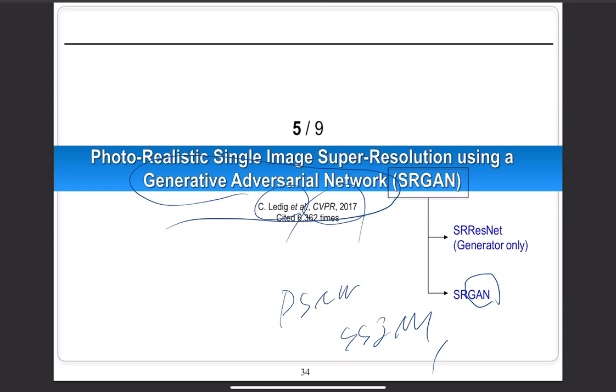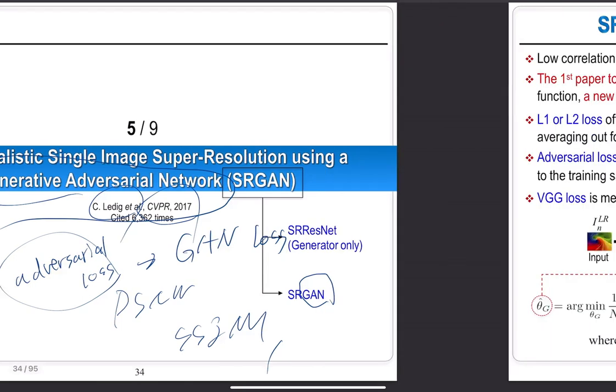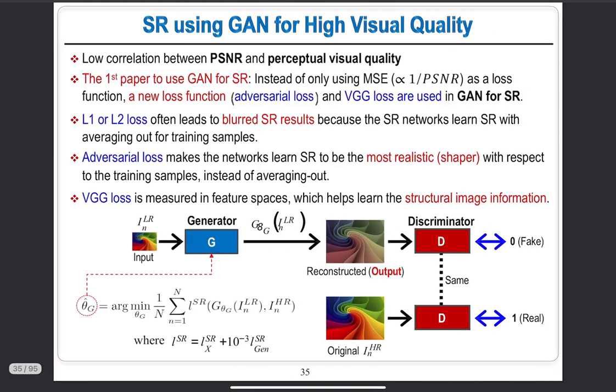And it also introduced a new loss function that combines adversarial loss, which can be called just GAN loss, with a perceptual loss based on VGG features, moving away from traditional L1 and L2 losses.